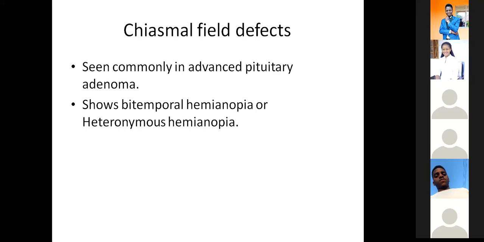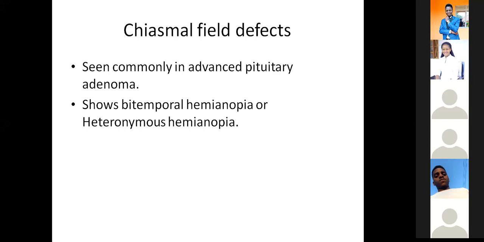But the commonest is the advanced pituitary adenoma, which enlarges, because the chiasma actually lies directly above the pituitary fossa.